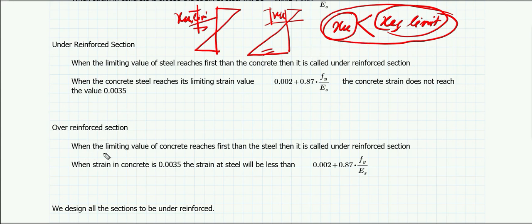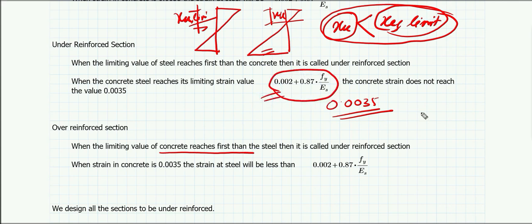Then for over reinforced, the limiting value of concrete reaches first, then the steel. That means here concrete reaches the value 0.0035 first, but steel is not yet there. In that case, the strain distribution probably is something like this. The strain in concrete will be higher and the strain in steel will be lower.